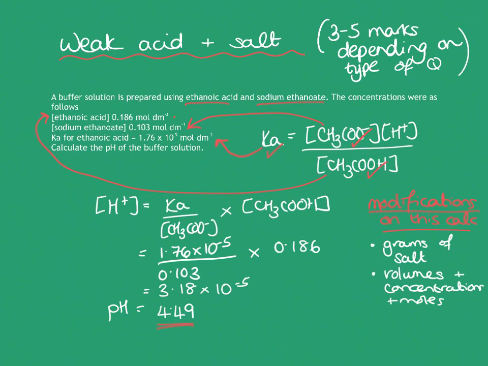So that's how they can make it more involved. The version I've just given you is 3 marks because they've given you everything as a concentration. It can be 4 or 5 marks depending on what other modifications they make for it. So I'll put you a few examples of these for you to practice.